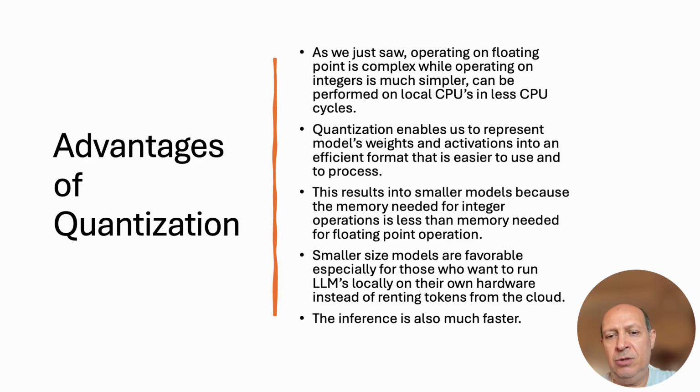This results in smaller models because the memory needed for integer operations is less than the memory needed for floating point operations. Smaller size models are favorable, especially for those who want to run LLMs locally on their own hardware instead of renting tokens from the cloud. The inference with integers is also much faster.